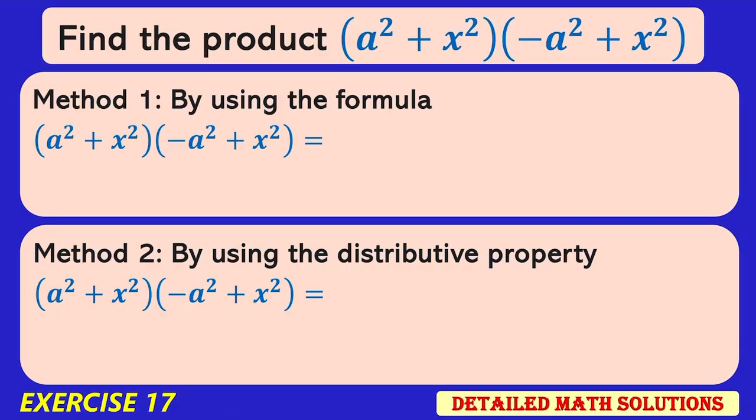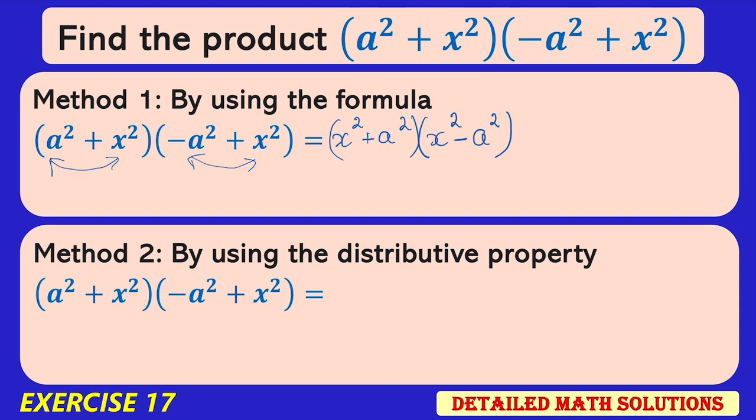Next exercise. Find the product a squared plus x squared in parentheses multiplied by minus a squared plus x squared in parentheses. To use the formula, again, I need to write the terms by switching their places within each parenthesis. In other words, this can be written as x squared plus a squared in parentheses multiplied by x squared minus a squared in parentheses.